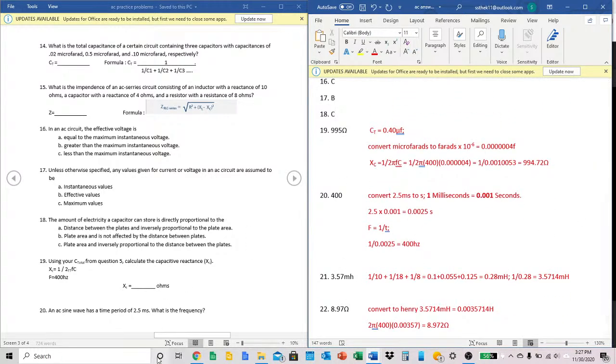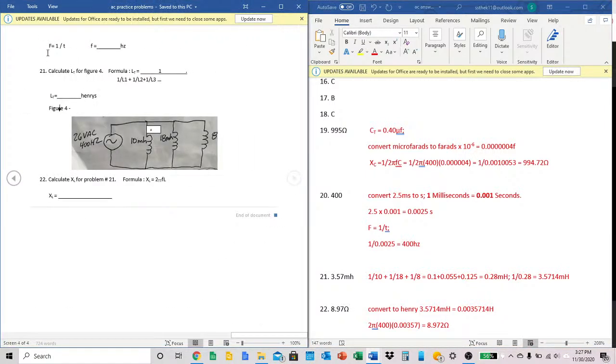Okay, number 20. An AC sine wave has a time period of 2.5 milliseconds. What is the frequency? You were given the formula: frequency equals 1 over time. If you remember from lecture, we covered that measurement of frequency briefly.